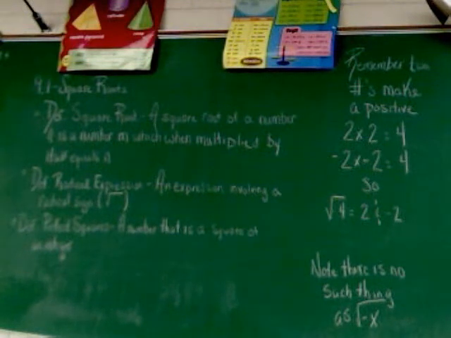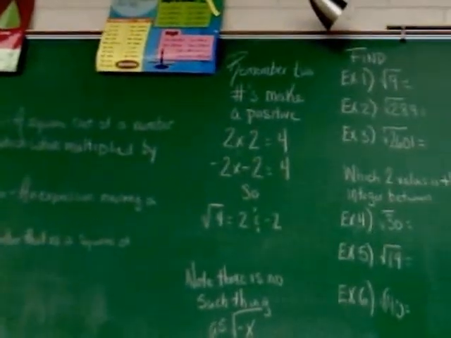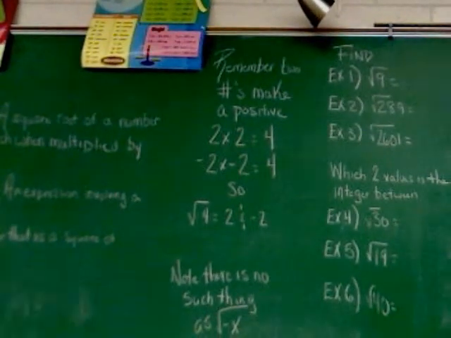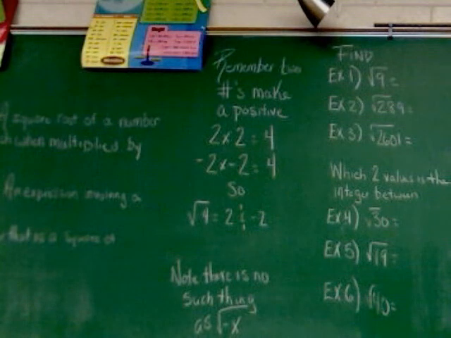Now, it's also important to remember that there are two ways I can make a positive number in terms of multiplication. We generally, when we talk about square roots, just worry about the positive ones. 4 squared is 16, 5 squared is 25, and 5 times 5 is 25. But it also works for negatives if you think about it.